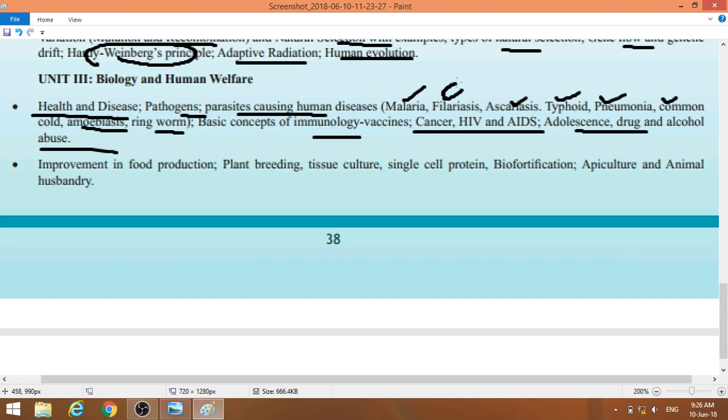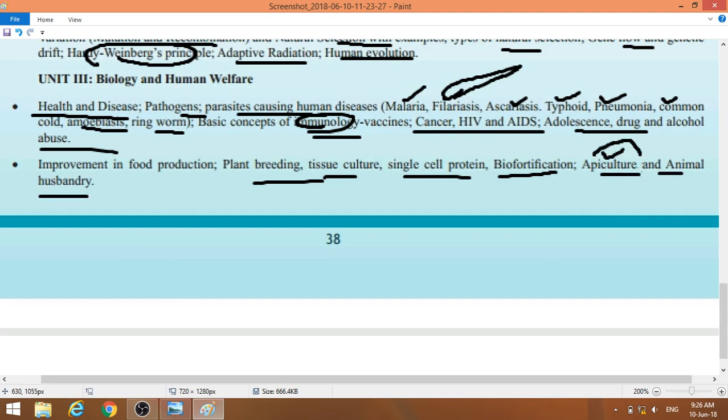Question from filariasis, elephantiasis. Question was from here, HIV, this immunology. Then improvement in food production, plant breeding, tissue culture, single cell protein, biofortification, apiculture and animal husbandry. This is bee culture, honeybees.